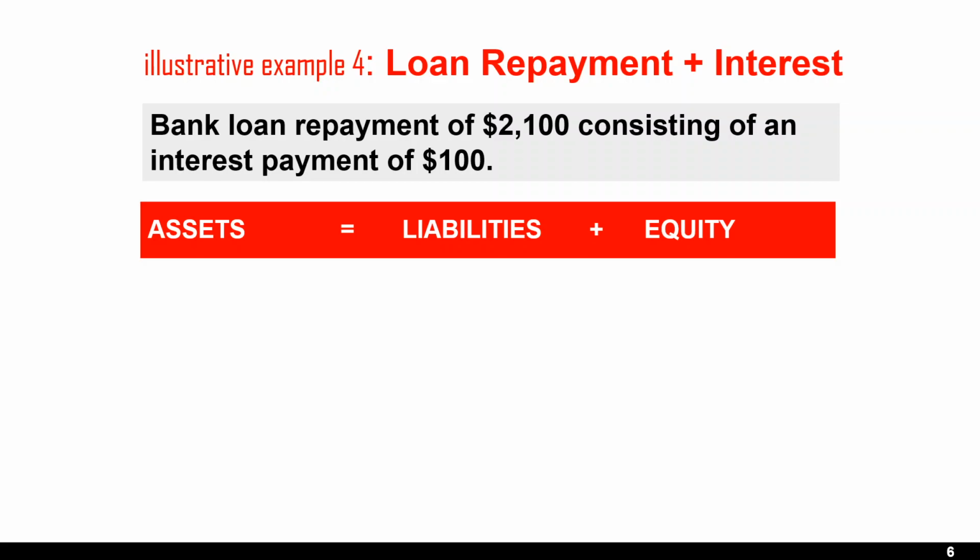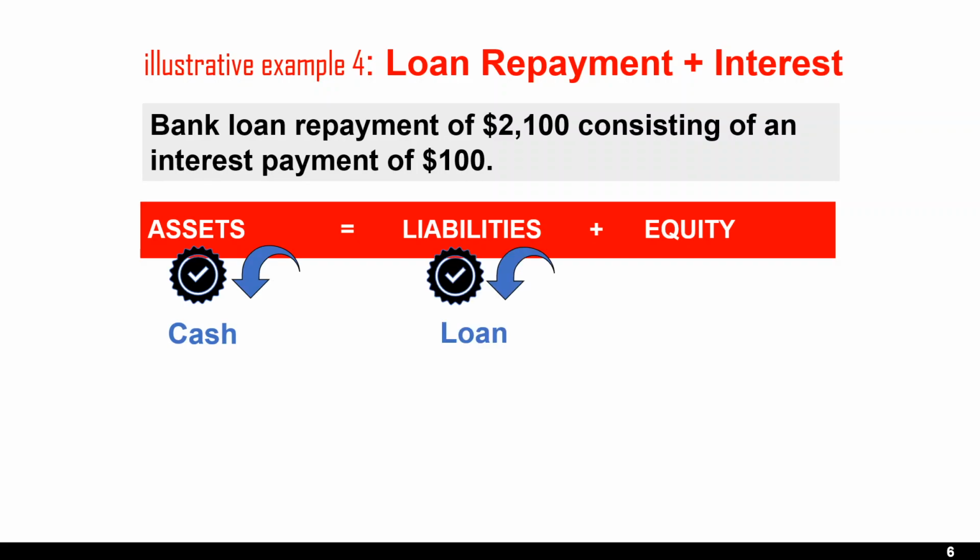So we can split this into two transactions for the purpose of understanding. Loan repayment of 2,000. When we are repaying a loan, the cash decreases by 2,000 and loan liability decreases by 2,000. The business had a loan amount of 15,000 discussed in the previous slide.